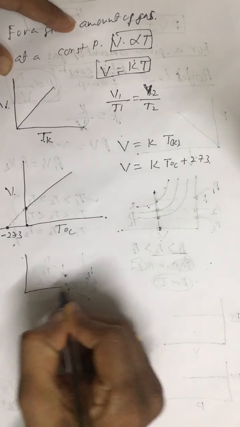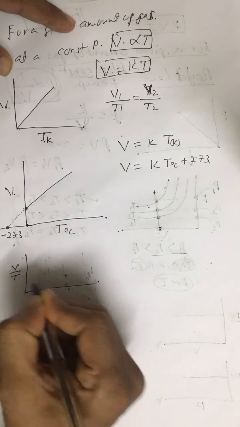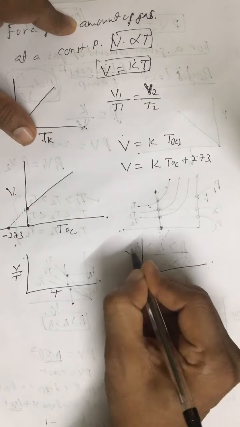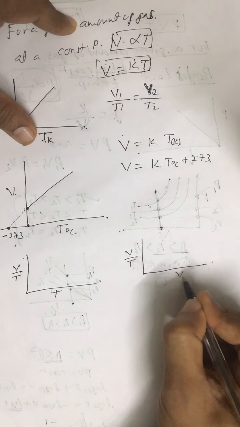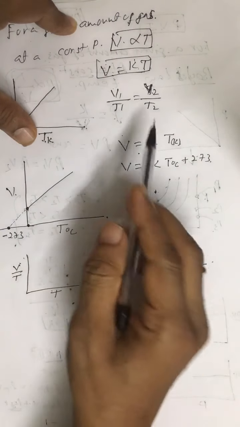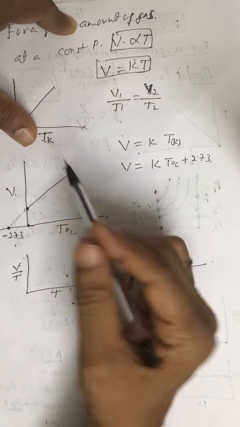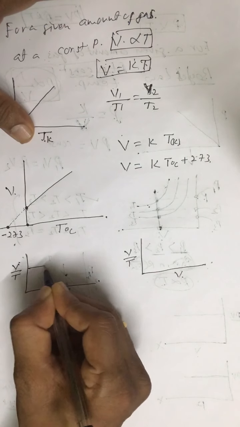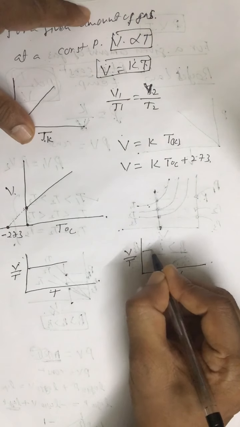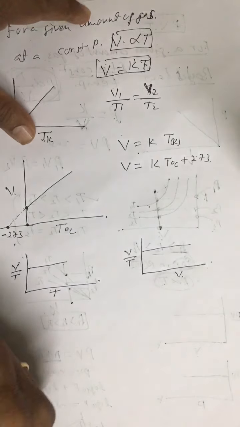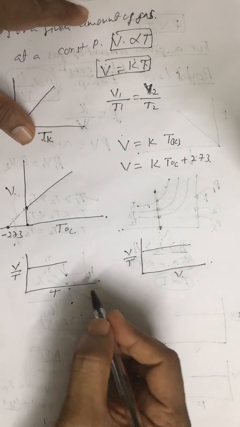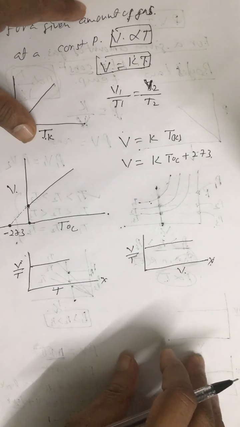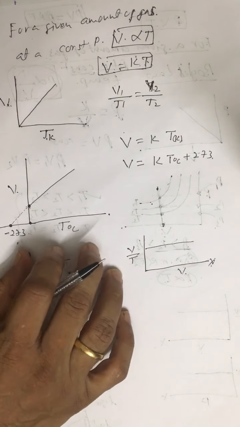Now from this relation V is equal to K into T, suppose you want to draw V by T versus temperature, or V by T versus volume. Since V by T is a constant, the graph you will get is a straight line without slope, parallel to the x-axis.